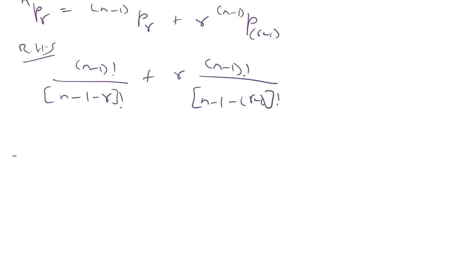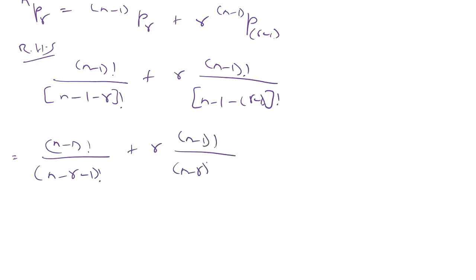Which is equal to (n minus 1) factorial upon (n minus r minus 1) factorial plus r times (n minus 1) factorial upon (n minus r) factorial.